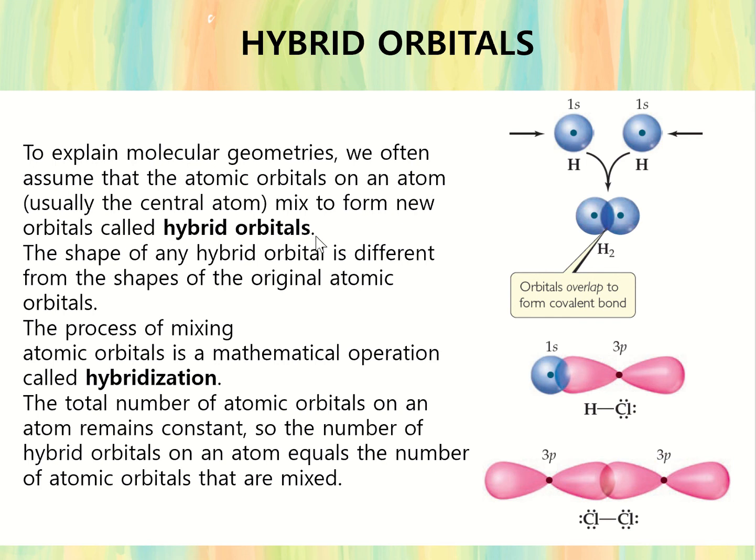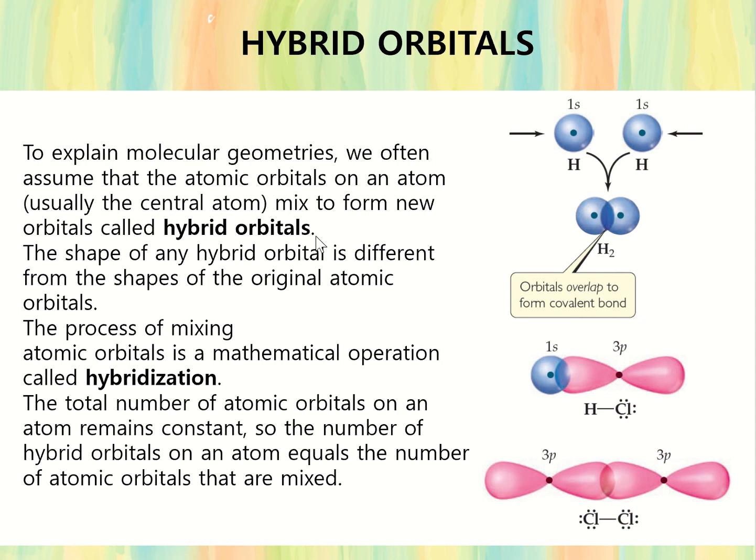Think about hybrid plants, two different plants coming together to form a brand new plant. The same is true for hybrid orbitals. The shape of any hybrid orbital is different from the shapes of the original atomic orbitals. Makes sense, because if two different things mix together, we get something new.